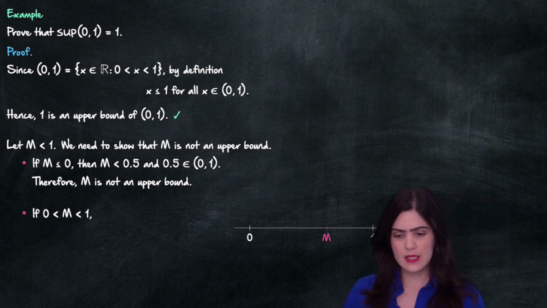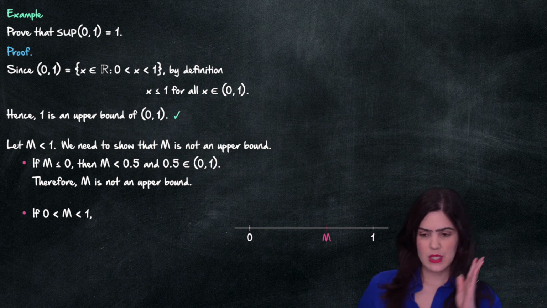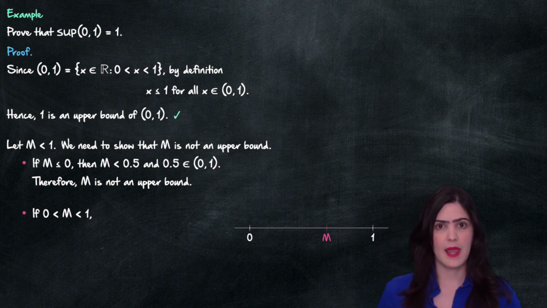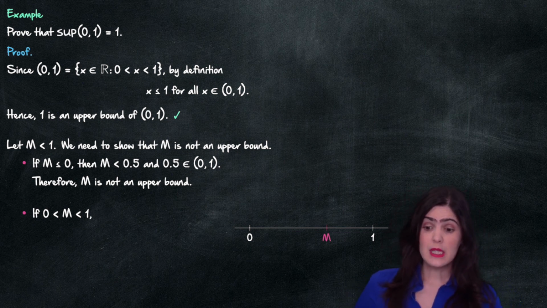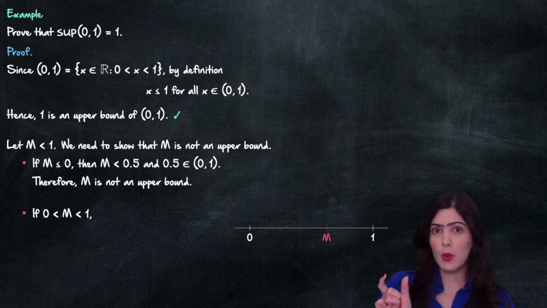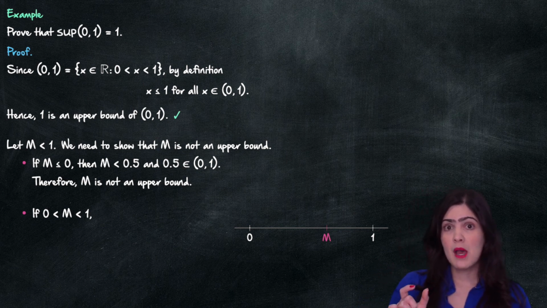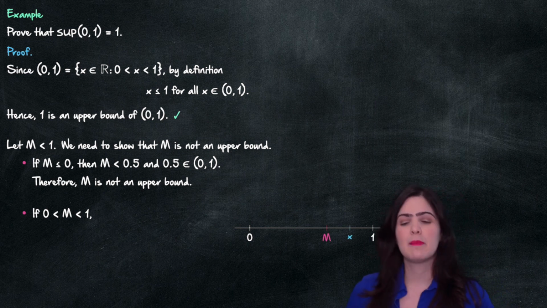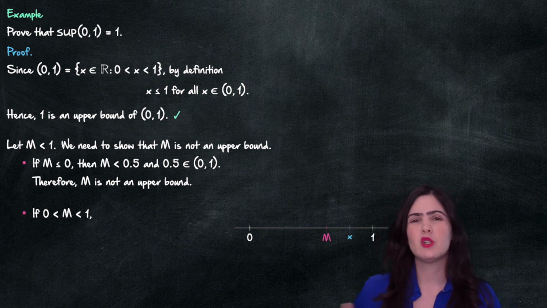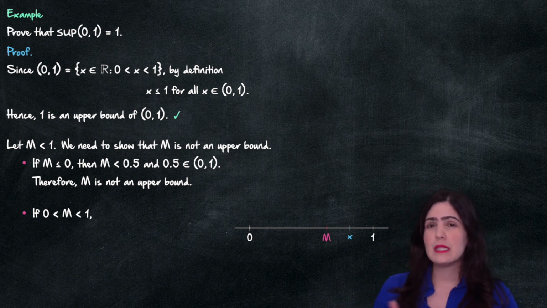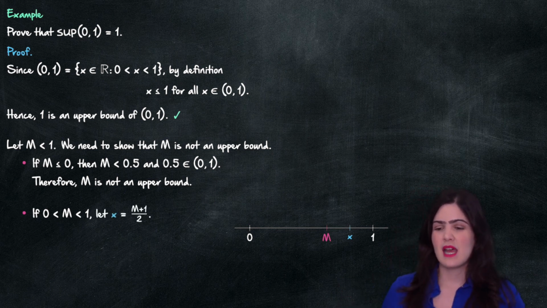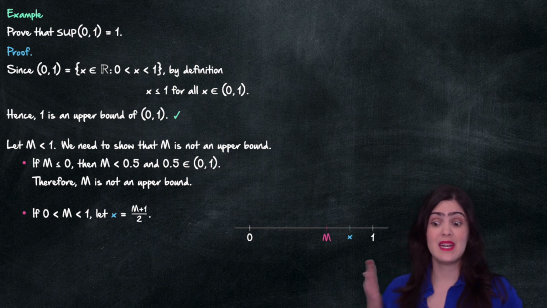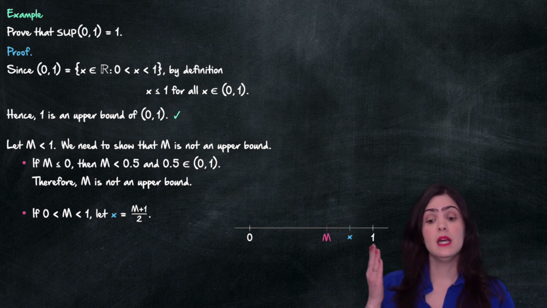I'm drawing it here at some point on the line in between 0 and 1, there I have my point m. Well, you see, I can pick the midpoint between m and 1. So this little blue x that I have here, I can pick something in between, but the easier choice is the midpoint, because I can write it as (m + 1)/2. That is the midpoint between m and 1.